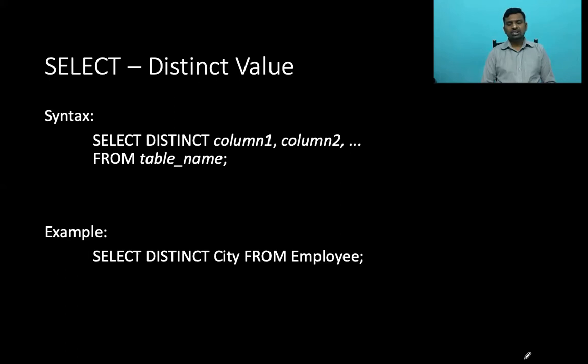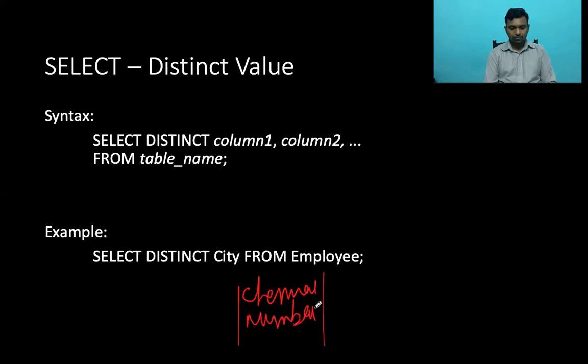Now if I say select star from employee, it will show employee ID, employee name, everything, but I want only the city to be displayed, right? Now people are working from 5 different cities. You know what will happen? It will display information like this: Chennai, Mumbai, and then Delhi. I'll write it here.